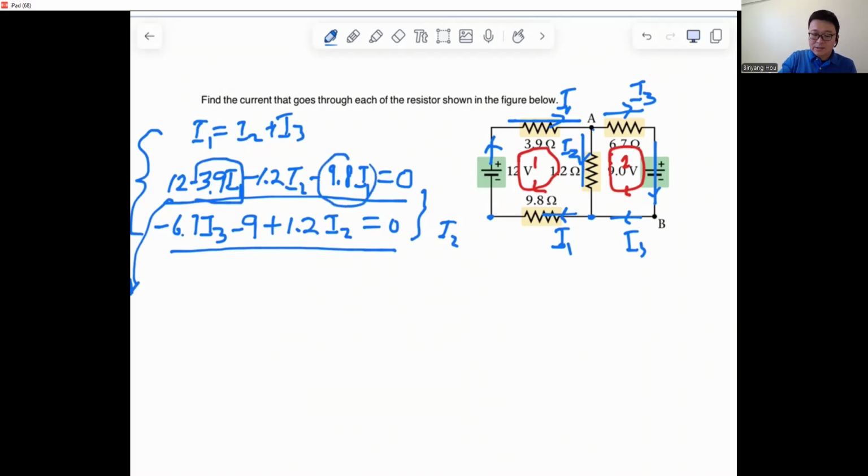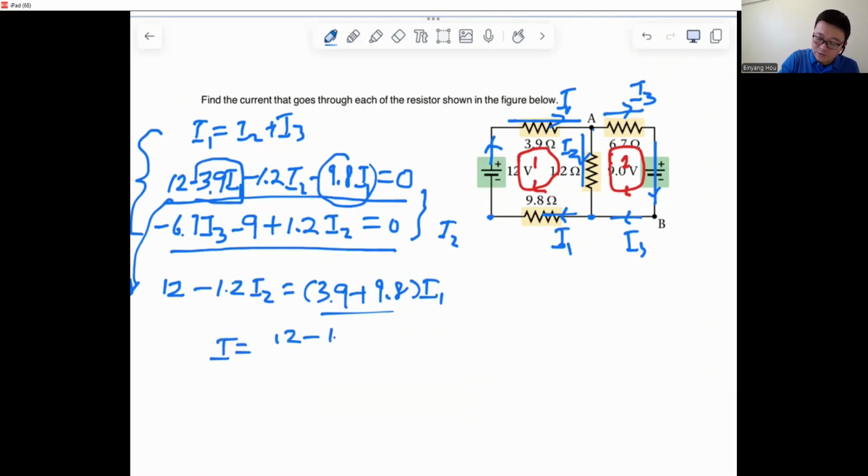So this equation becomes 12 minus 1.2 I2 equals, move these two to the other side, becomes negative, becomes positive, 3.9 plus 9.8 times I1. Then these two add up to be 13.7. So I1 equals 12 minus 1.2 I2 divided by 13.7.